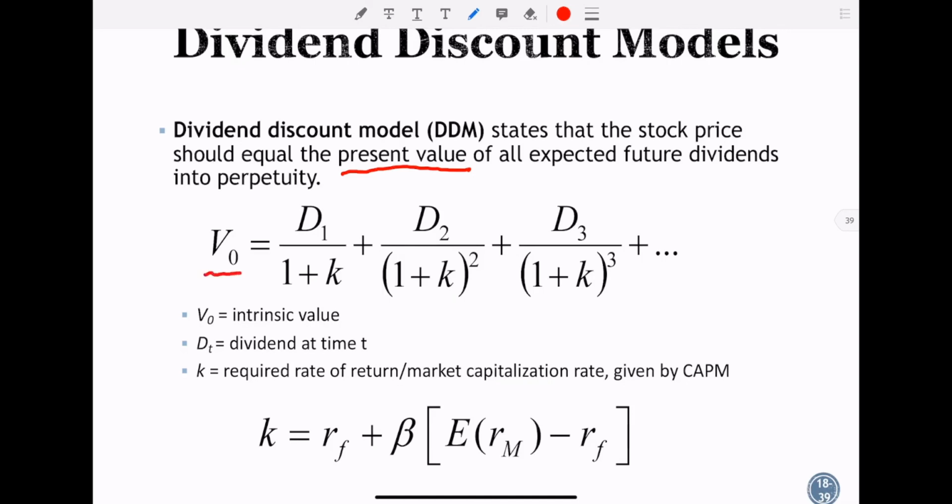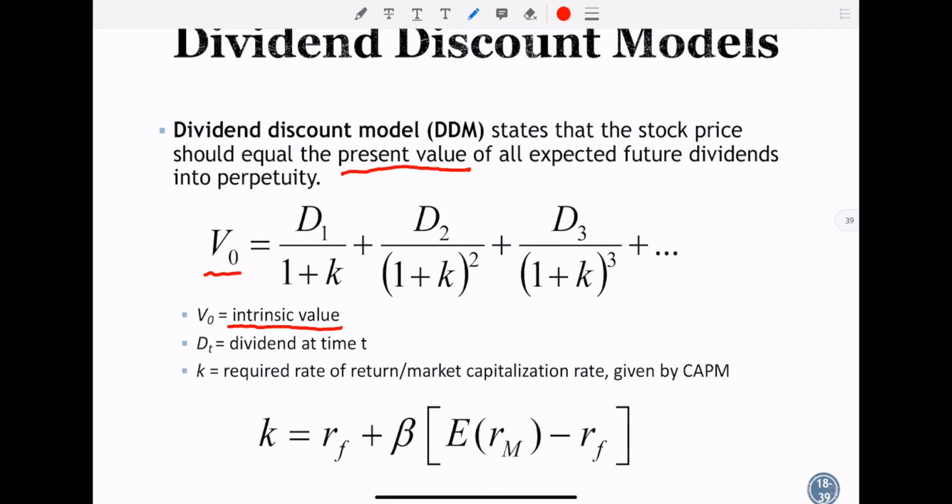V0 is essentially the value of the stock at day 0, or the current value of the stock. A fancy name for V0 is intrinsic value, right? So intrinsic value is really the value calculated by the dividend discount model.